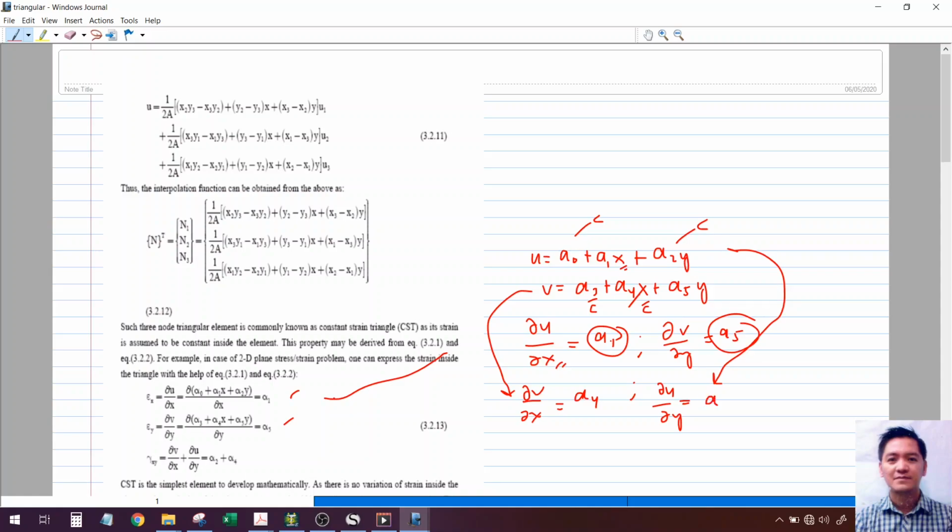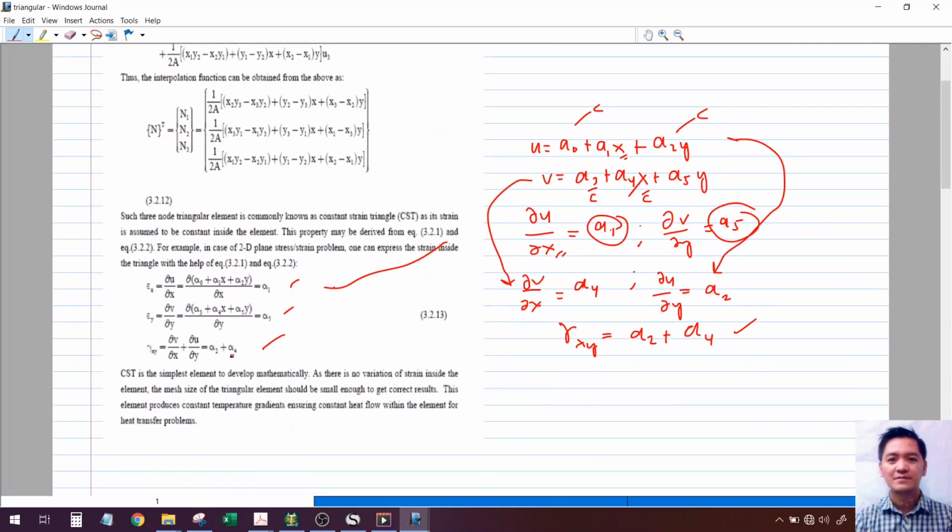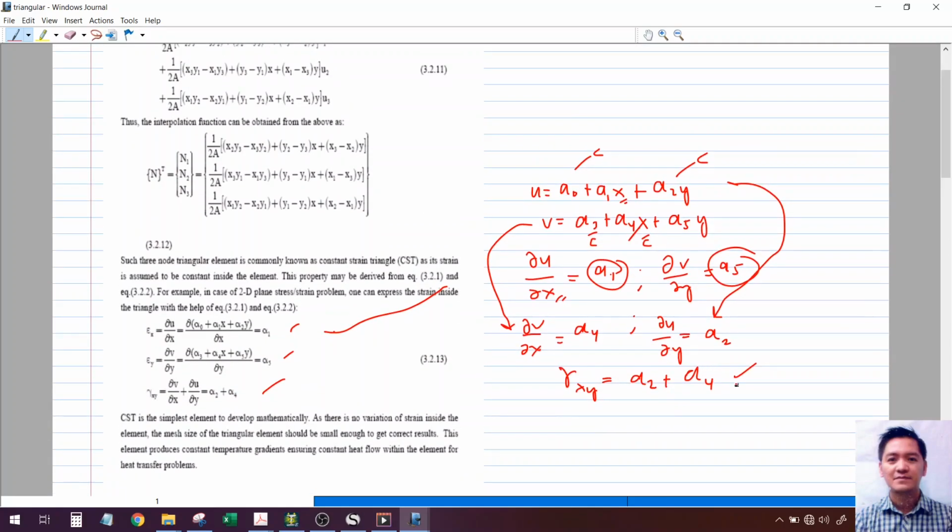So therefore this is alpha 2. Therefore yung shearing deformation or strain is alpha 2 plus alpha 4. Okay, so that is important later on para sa ating example problem. So we already know the shape function in forms of this, and then the strain in terms of this.